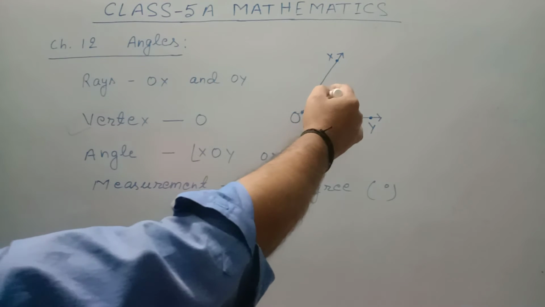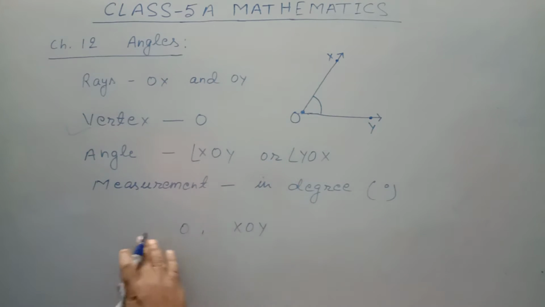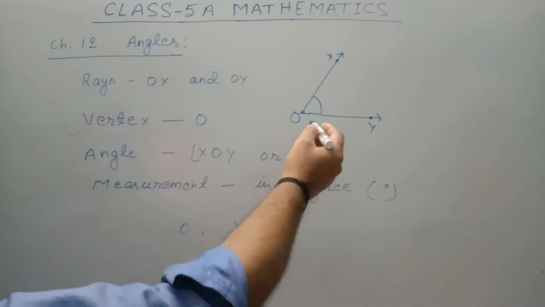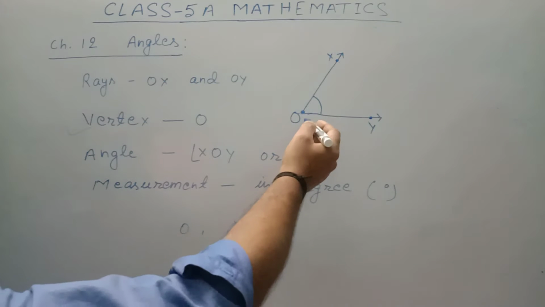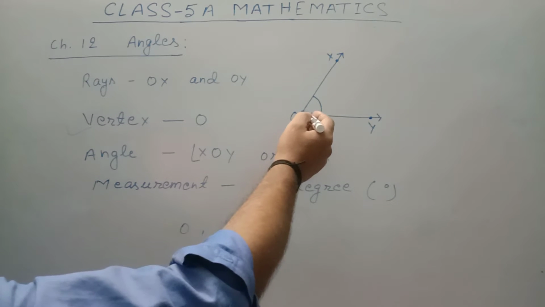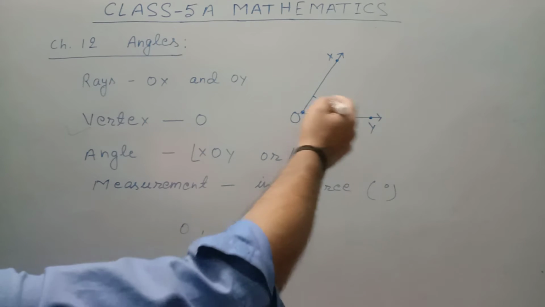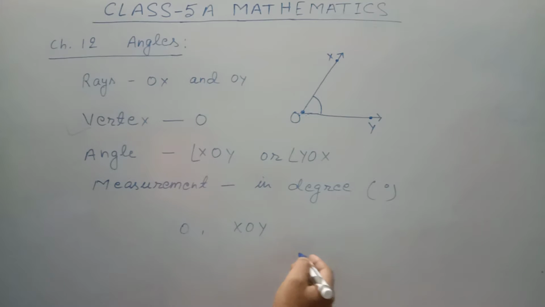Now at this point, this is the angle, and the name of the angle will be written in three letters, in which the point O, the common point at which these two rays are meeting, will come in the middle of those two letters.